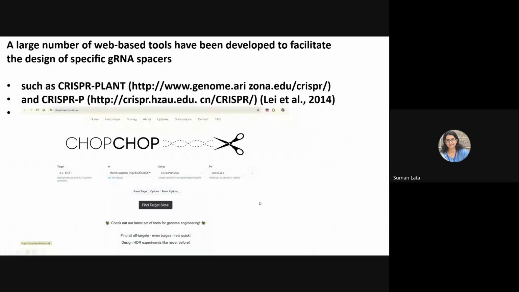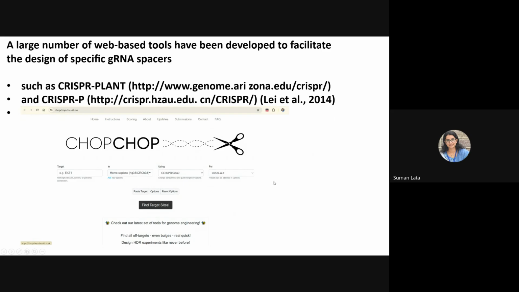So if we talk about the practical part, if someone wants to do the editing, what are the steps involved? The first step is the synthesis of the guide RNA, or designing of the specific gRNA spacers. For this, there are many web tools available, like CRISPR-Plant, CRISPR-P, Chop Chop. These are the tools which are widely available and freely accessible.